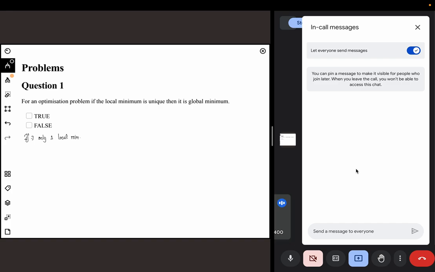When we say it is a local minimum, we mean only in the feasible domain, not everywhere else, right? So if there exists only one local minimum in the feasible region, then it has to be the global minimum. There is no other way.